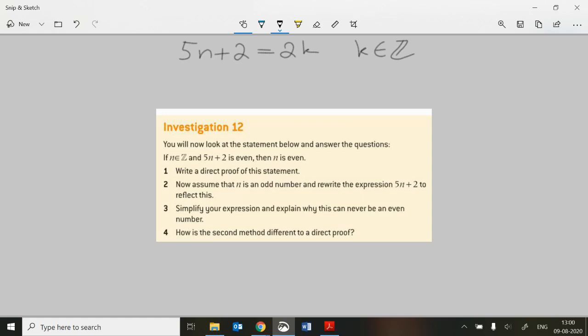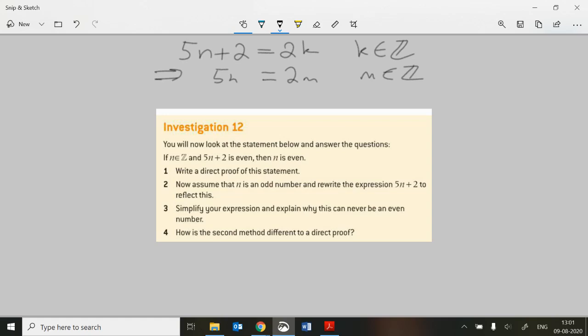Well, there are different ways of doing this, and I'm going to do it by taking 2 off both sides and then realizing that that's also going to give us an even number, because if we take 2 off an even number or add 2 to an even number, we still have an even number. We just have a different even number. So in this case, I'm going to call that 2m. Okay, so now I'm going to say m belongs to my integers.